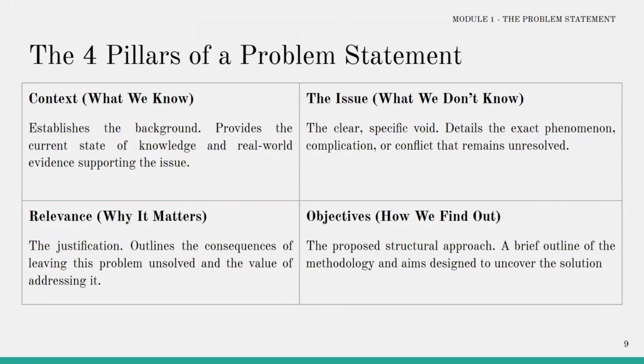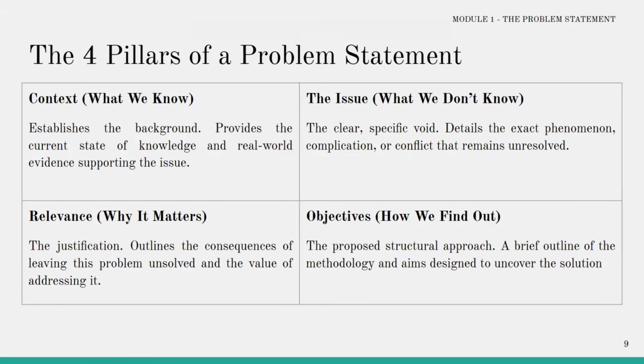We can say that there are four pillars of a problem statement. First one is the context, what we know. So the problem should give some context, like establishing the background. It will provide the current state of knowledge and real world evidence supporting the issue.